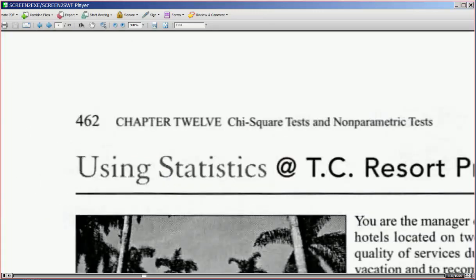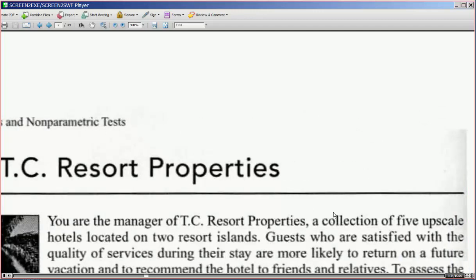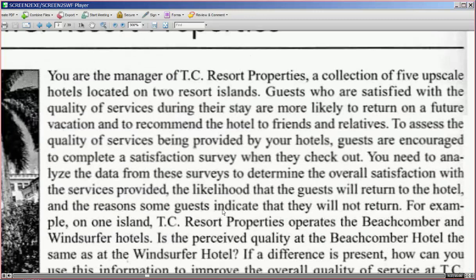Here's the scenario they're giving us. We'll have to come back to it several times during the reading of the text. You are the manager of TC Resort Properties, a collection of 5 upscale hotels located on 2 resort islands.